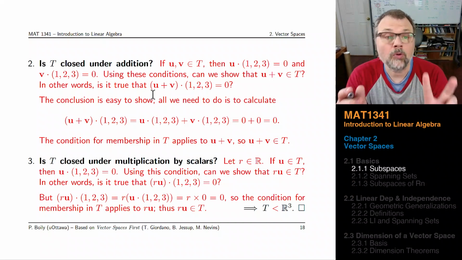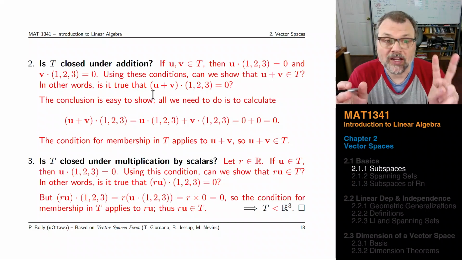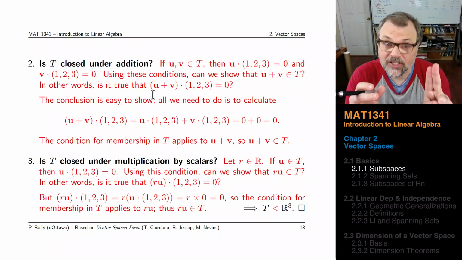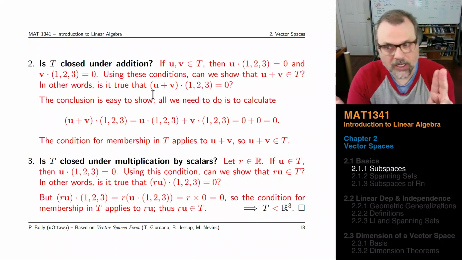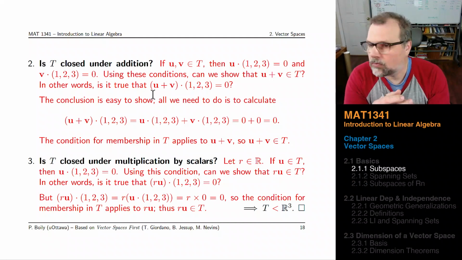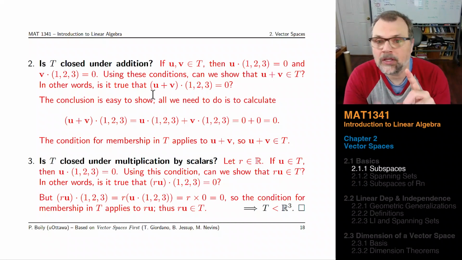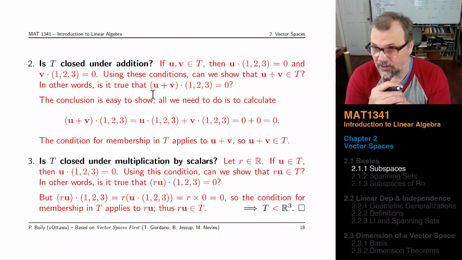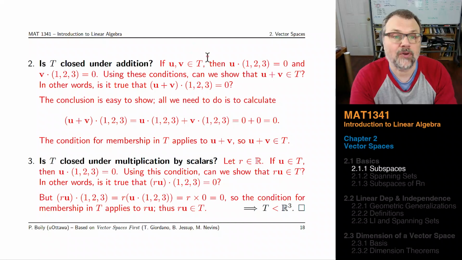We want to show that if we have random u and v in T, then their sum u + v should also be in T, or potentially not in T, in which case the subspace test fails. So what do we know if u and v are in T? We know that u dot (1, 2, 3) is 0, and we know that v dot (1, 2, 3) is 0. That is just a rewriting of this condition right here.